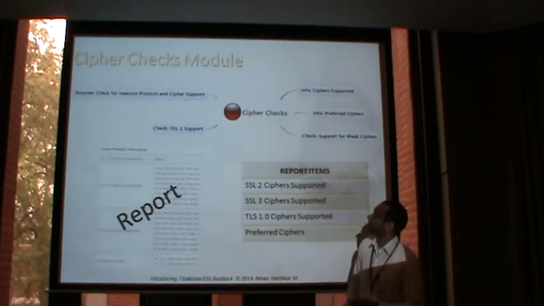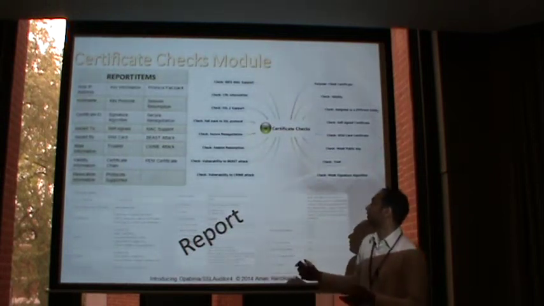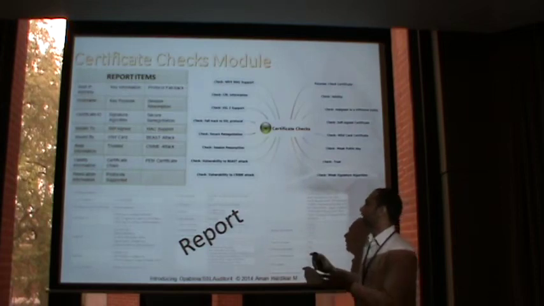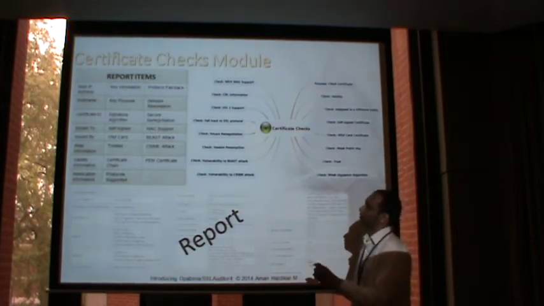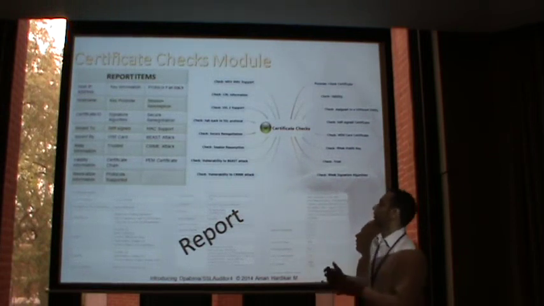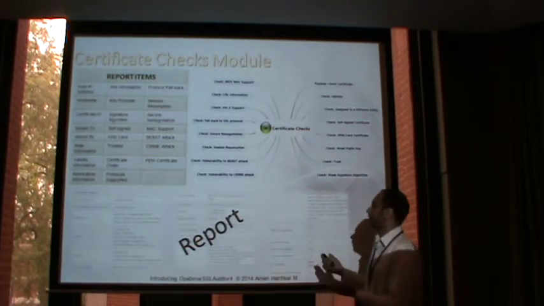Now let's look at certificate checks. These are some of the certificate checks the tool does for you. So mainly it checks for various issues on the certificate itself, as well as various issues on the configuration of the SSL service.